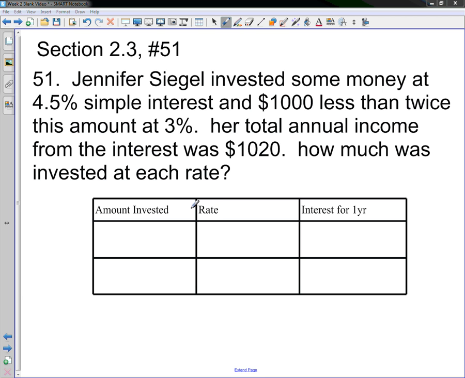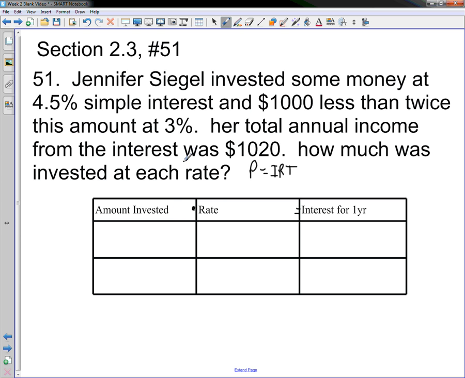If we multiply these two, that will tell us the interest for 1 year. So we have interest equals principal times rate times time. The amount invested is the P, the rate is the R, and T is just 1 since we're only working with 1 year for these. So that's why we can do this.